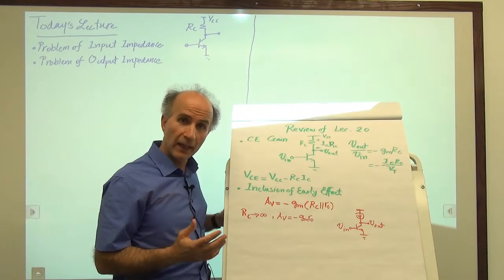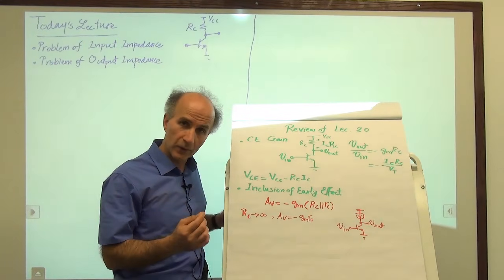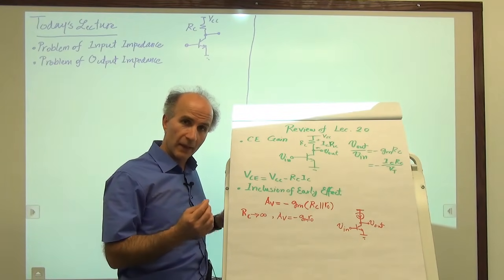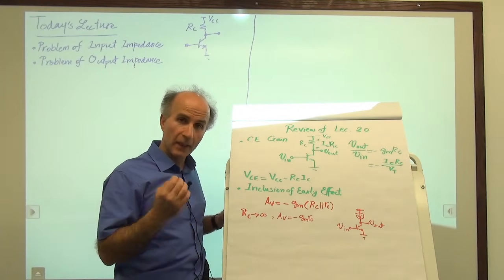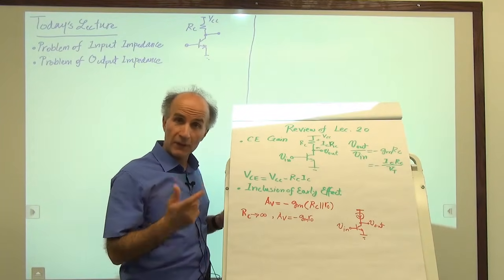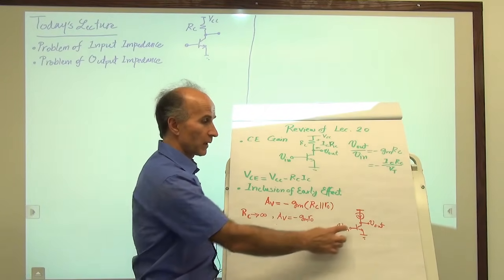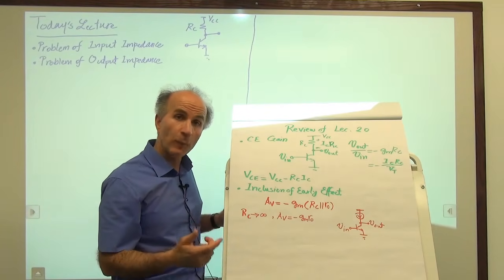All right, and one special case of this result is when RC itself goes to infinity, meaning that it is replaced by an ideal current source. An ideal current source is a device that delivers a constant current, which means when we consider signal changes, it has no change, it becomes an open circuit.